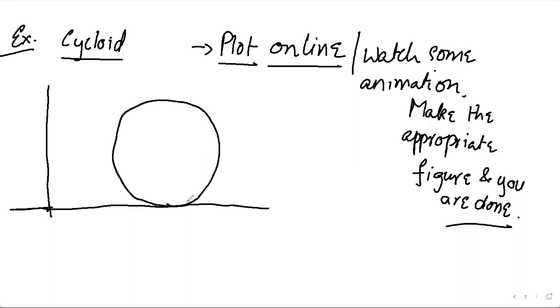So this is a circle we have. Say this is the point P, which will trace our cycloid. Now from the origin, and say this is the center of our circle. Now we'll do some kind of construction.